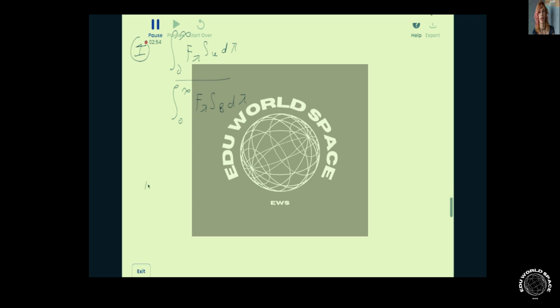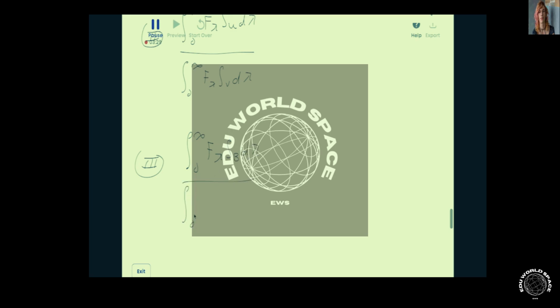Ratio number 2: integral 0 to infinity, f of lambda, S of U, d lambda, over integral 0 to infinity, f of lambda, S of V, d lambda. And the third ratio is integral 0 to infinity, f of lambda, S of B, d lambda, over integral 0 to infinity, f of lambda, S of V, d lambda.